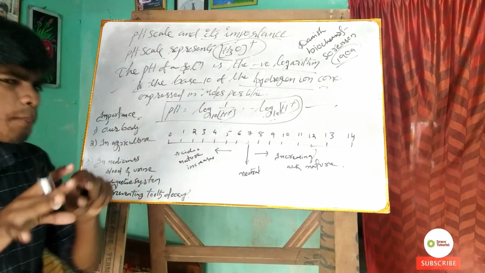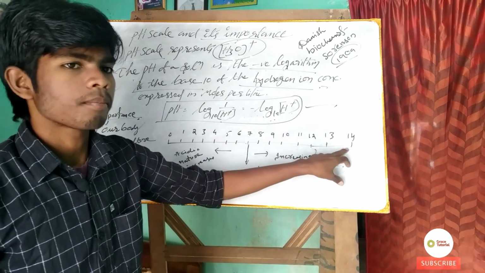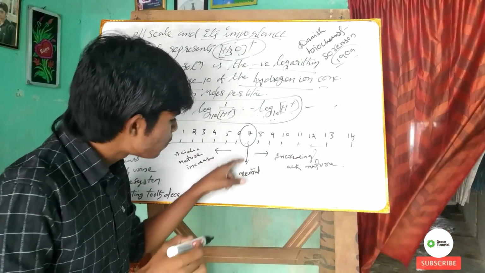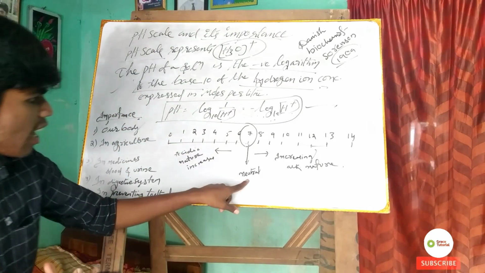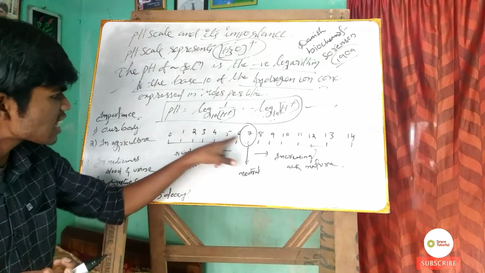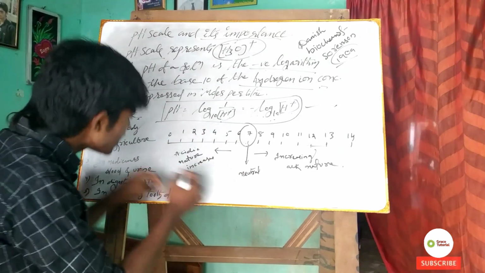Well, if you look at the pH scale, the pH scale ranges from 0 to 14, and pH 7 is basically neutral. If the numbers are less than 7, that is 6, 5, 4, 3, 2, 1, 0, these are acidic in nature.